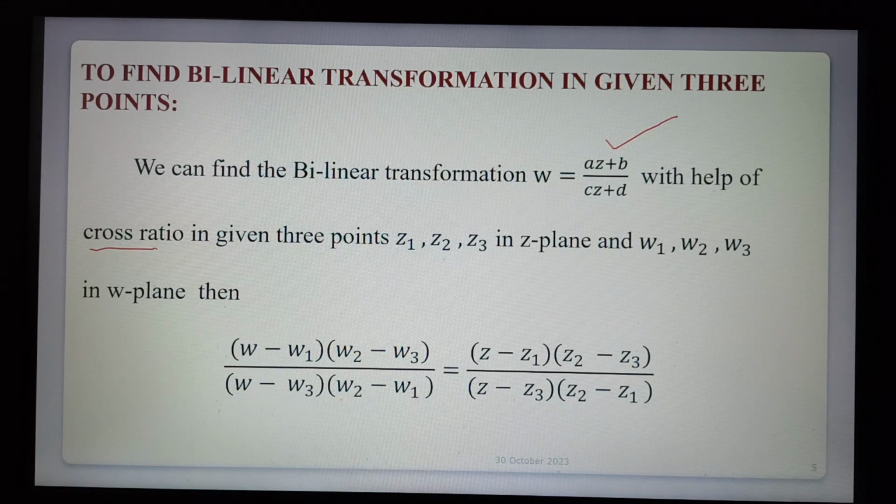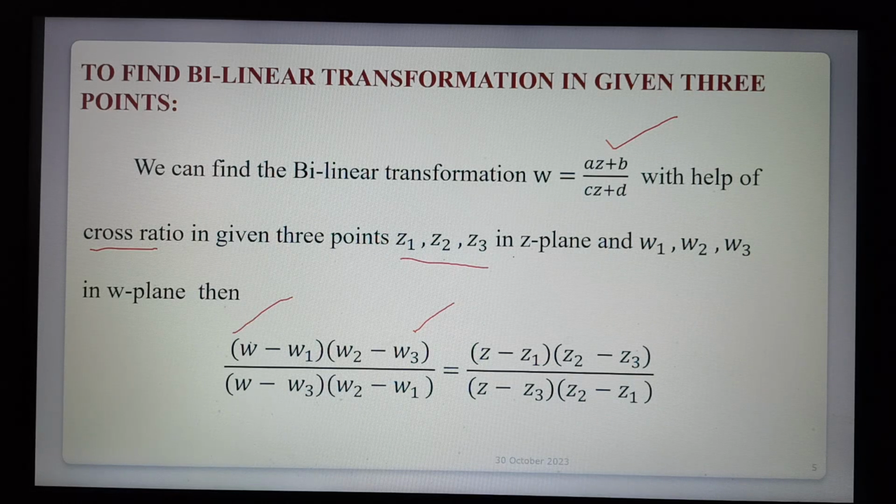Already, in the previous slide, for given 3 points z1, z2, z3 in the z plane and w1, w2, w3 in the w plane, this cross ratio exists. You can choose only 3 points together; one more point is w in the w plane and one point is z in the z plane. So by using the cross ratio, this formula is used for finding the bilinear transformation.